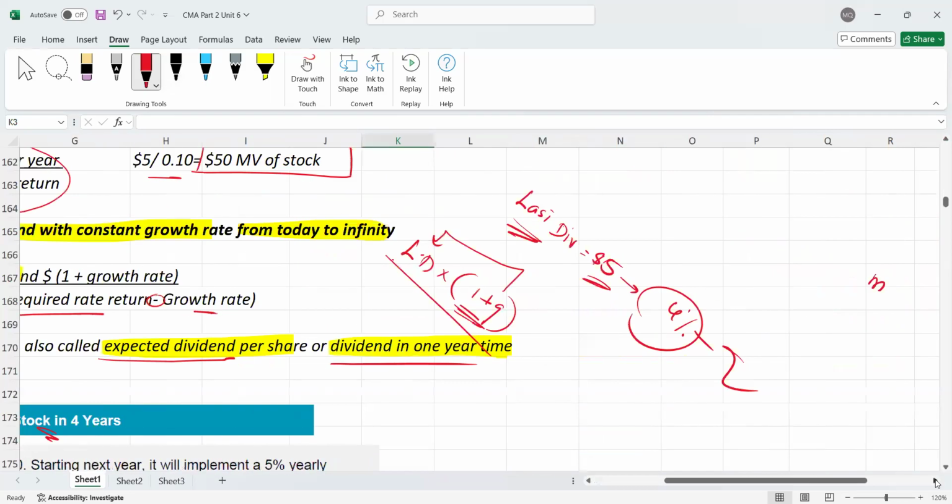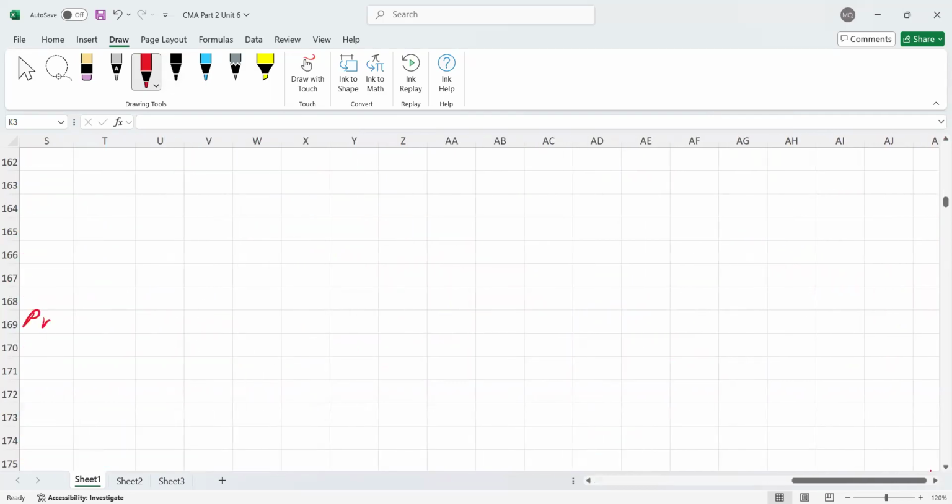For example, we have last year dividend of $5, and this dividend will grow at, let's assume, 10% per annum into infinity. Investors' required rate of return is, let's assume, 15 percent. Now I'm asking you, what is the market value of the stock?